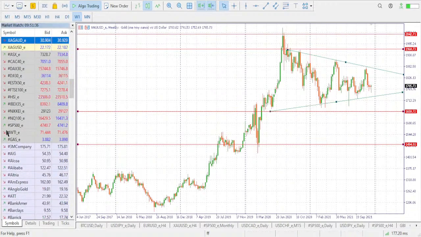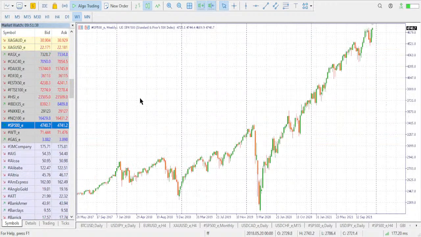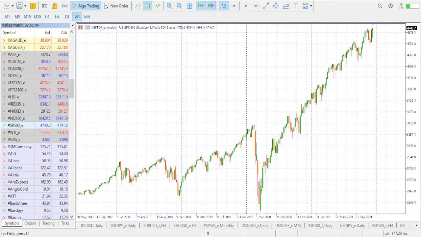We'll look at the next symbol, the SP500. So this is bullish. There is no sign for a sell on this chart. As I mentioned some few days ago, this chart is not good for a sell at all. I recommend you keep looking for more buy orders.